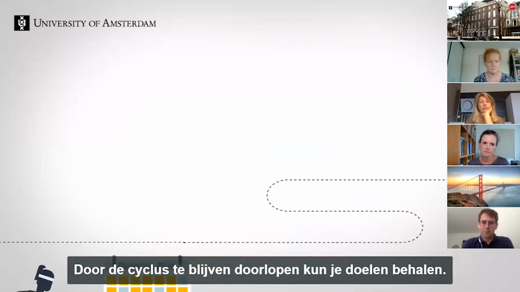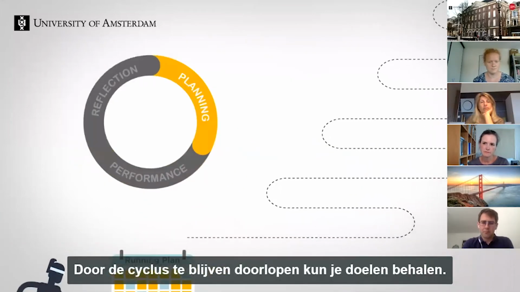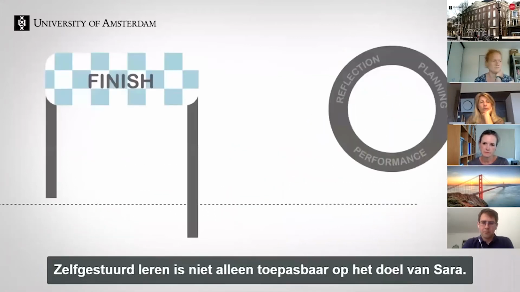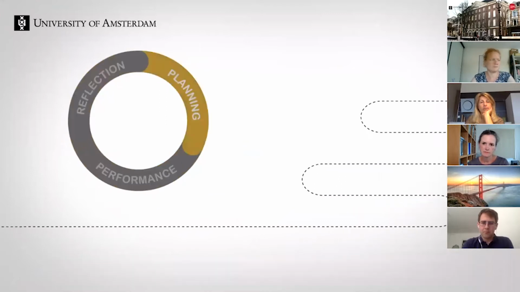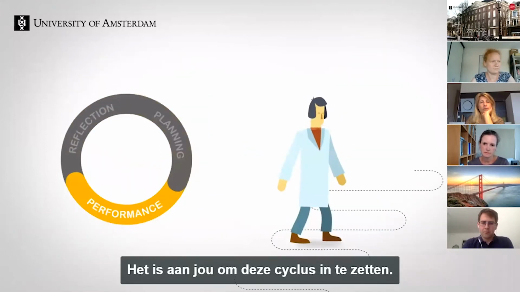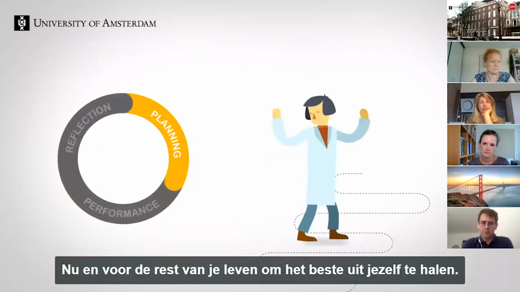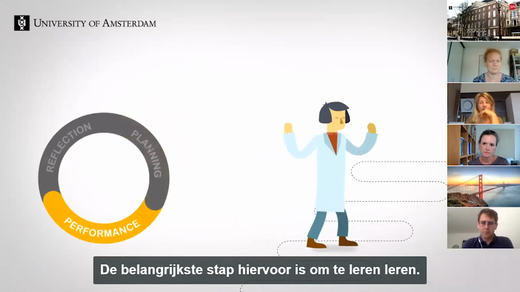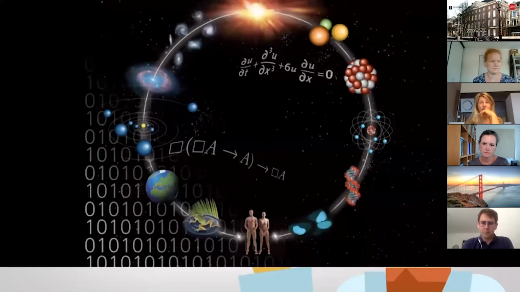By repeatedly going through the cycle, you can reach your goals. Self-regulated learning can be applied to many other goals than just Sarah's. It's up to you to persistently do this and bring out the best in yourself, not just now, but for the rest of your life. The most important step to do this is learning how to learn.